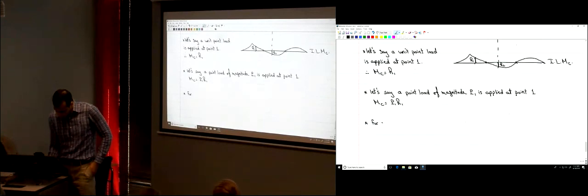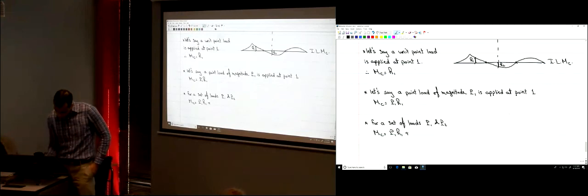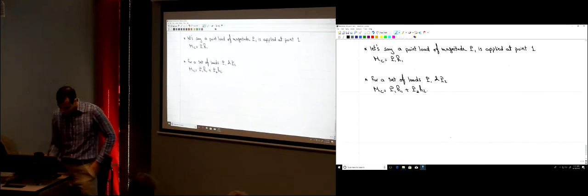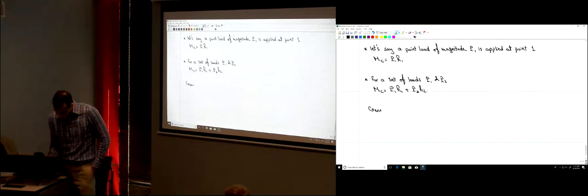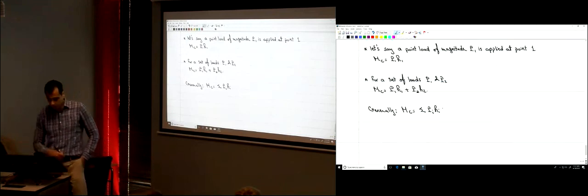For a set of loads P1 and P2, MC is equal to P1H1 plus P2H2. What if you have 3 forces, 4 forces, 5 forces? MC is just the magnitude of Pi times Hi.